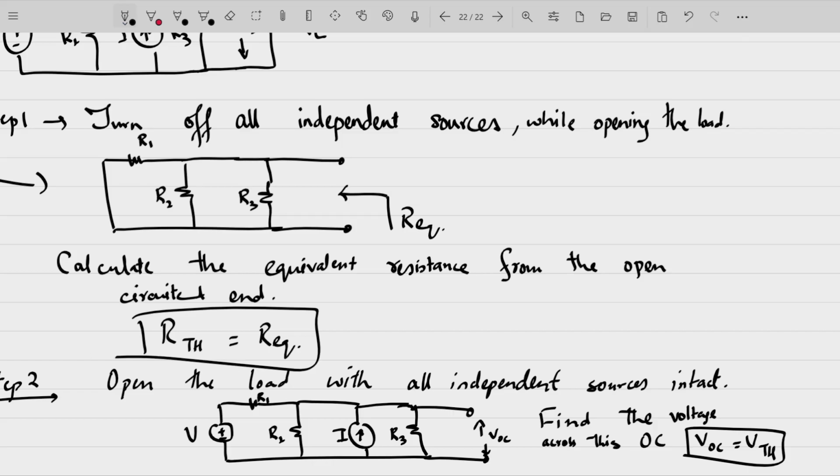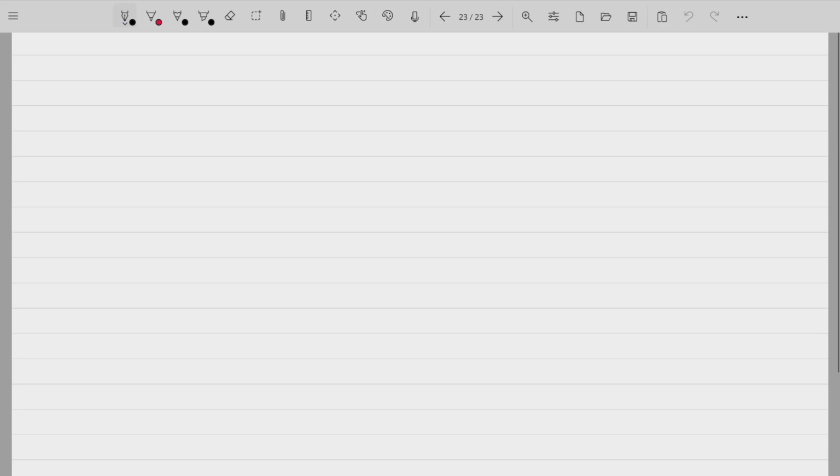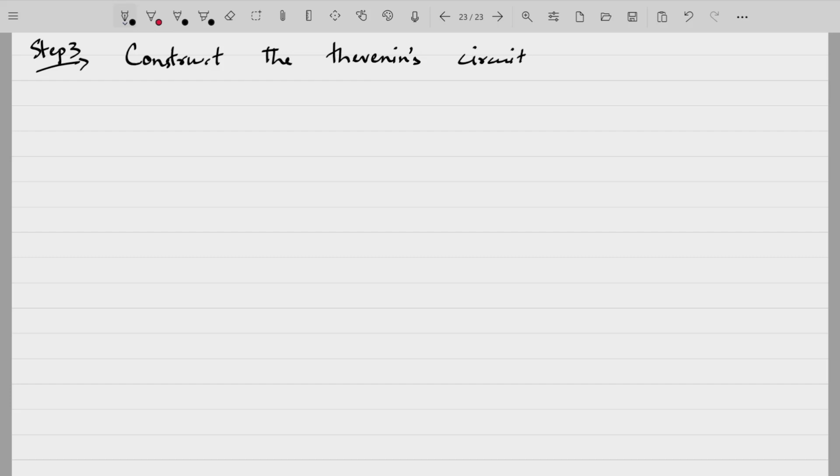So once you have these Thevenin's voltage and Thevenin's resistance, step 3 will be to construct the Thevenin's equivalent circuit of the original circuit.